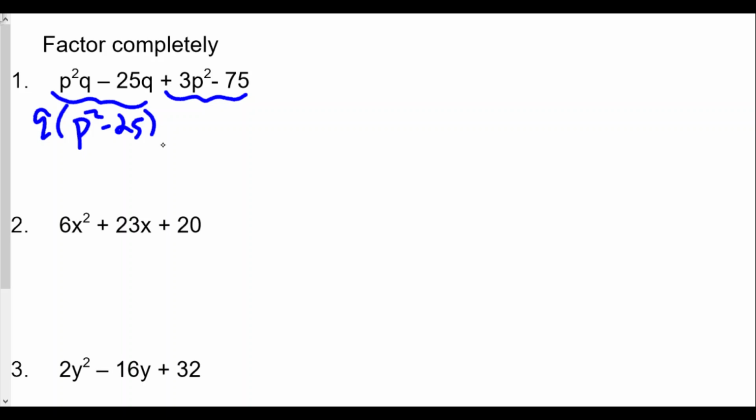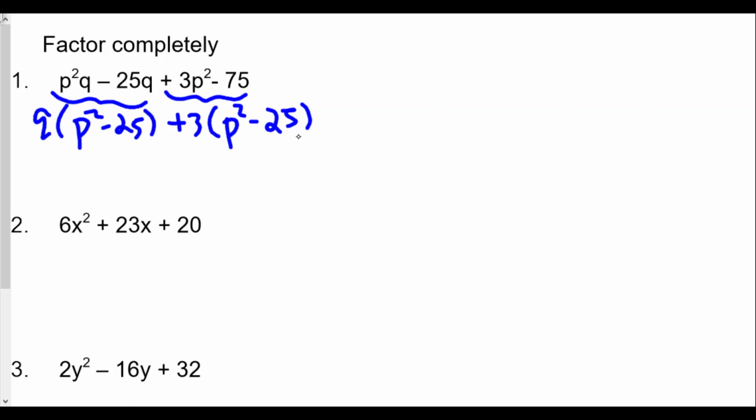Let's take a look. Between 3p squared and minus 75, it looks like the GCF, or greatest common factor, will be plus 3. So we have plus 3. If we divide 3p squared by 3, we get p squared, and if you divide negative 75 by 3, you get negative 25.